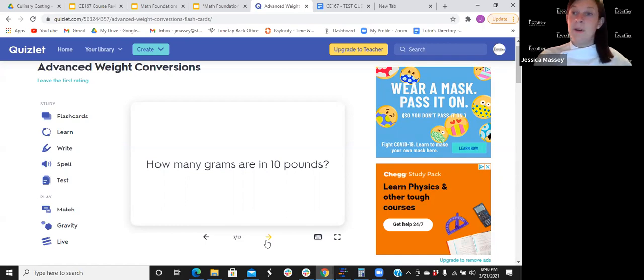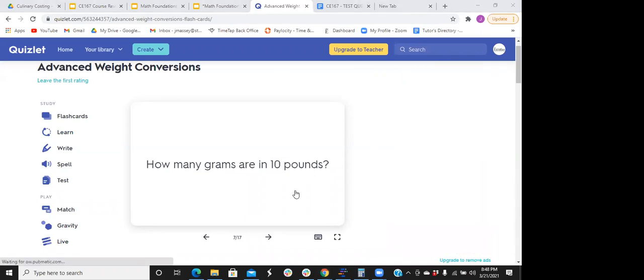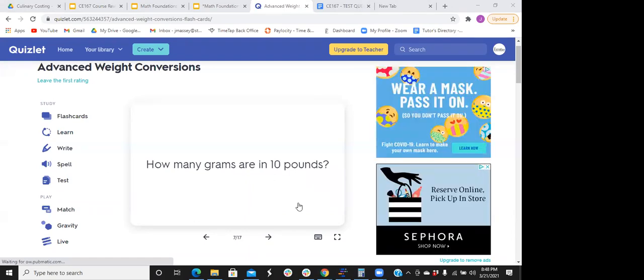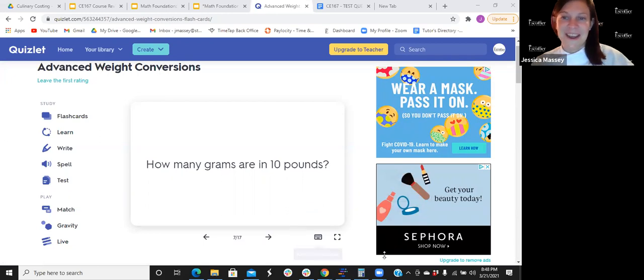If you guys don't remember, that was the 454. And then you'd multiply. How many grams are in 10 pounds?